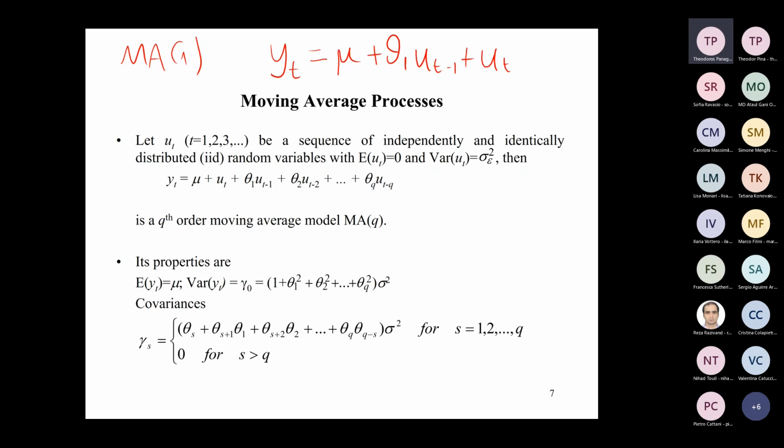Let's take it one by one. Mu is the constant term. Theta 1 is a coefficient that I have to estimate. ut minus 1 is the lagged value of ut, and ut is the error term.